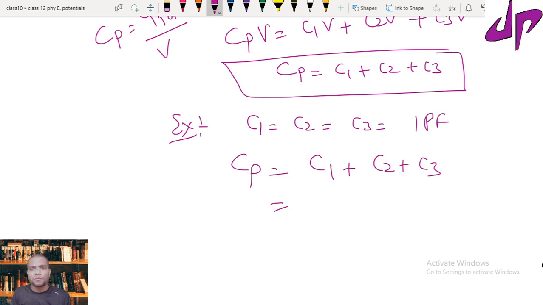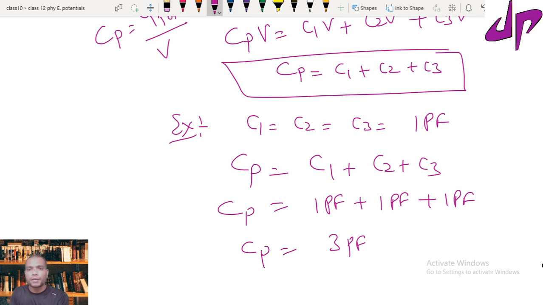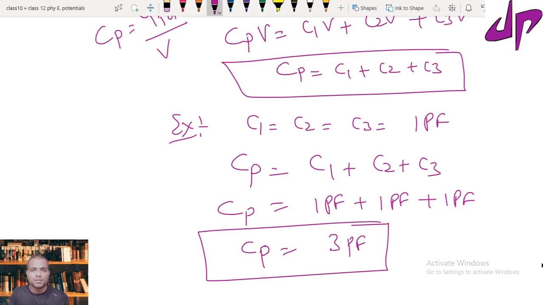Just add 1 picofarad plus 1 picofarad plus 1 picofarad, so the total capacitance in parallel equals 3 picofarad, which gives a very simple expression when we connect capacitors in the parallel combination.